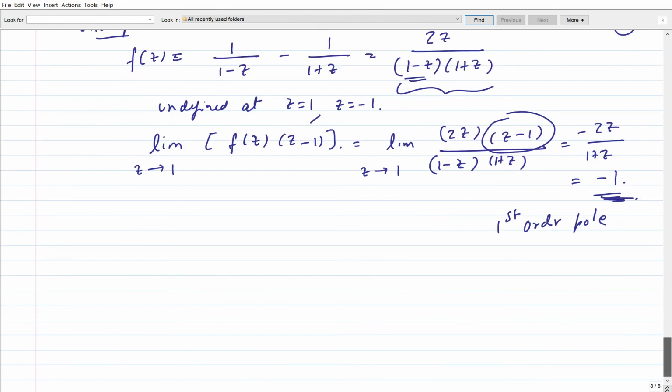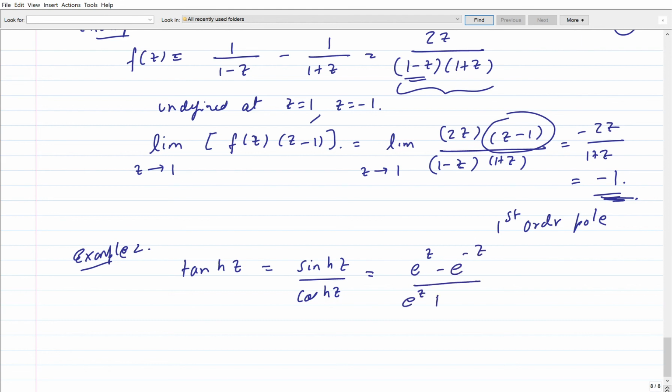As another example, I have tan hyperbolic z, which is nothing but sine hyperbolic z over cosine hyperbolic z. This is e to the z minus e to the power of minus z over e to the z plus e to the power of minus z. Now, this guy is singular when, you can guess, when the denominator blows up, right? So e to the z plus e to the minus z is equal to 0.